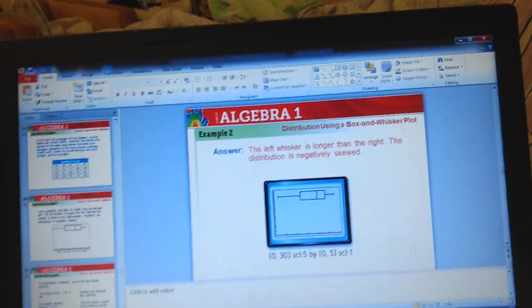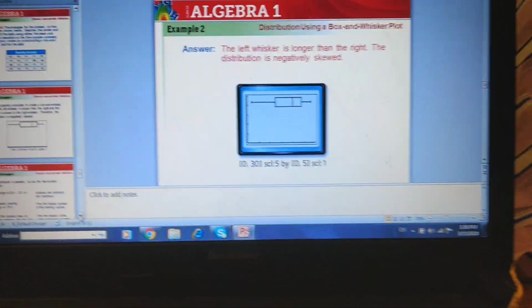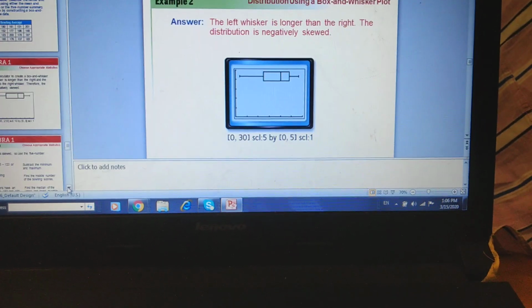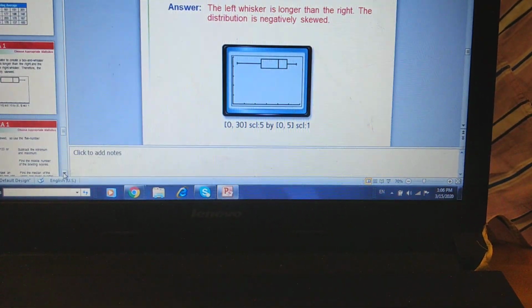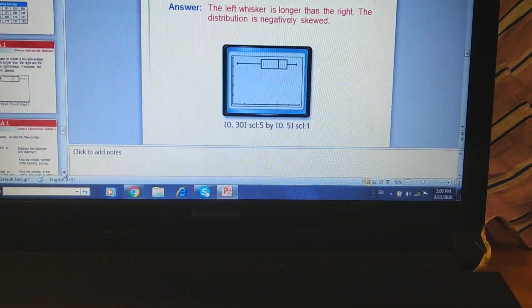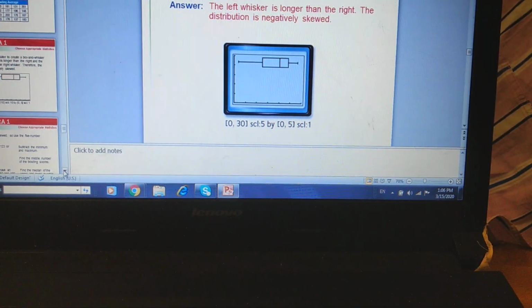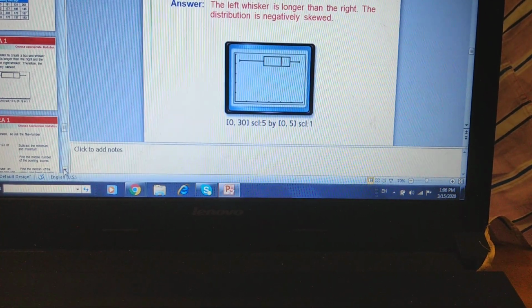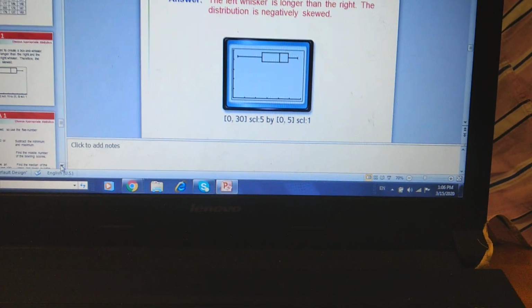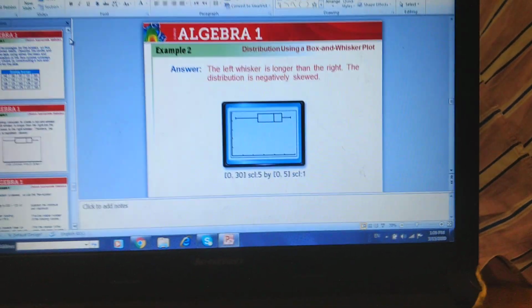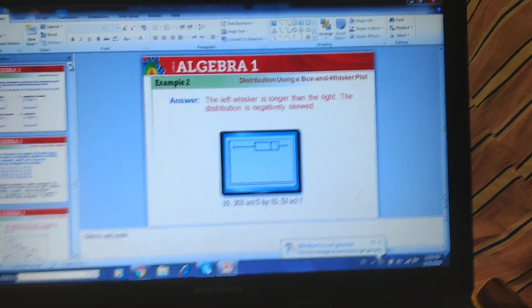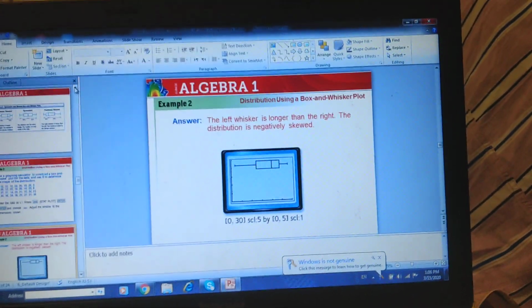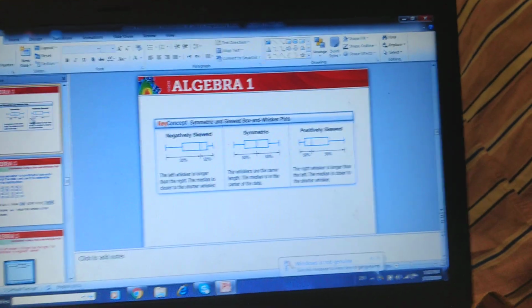What I want you to care about, boys, is that I want you to practice how to make a box and whiskers plot. I repeat again, to make a box and whiskers plot, you must find the minimum, maximum, lower quartile, upper quartile, and median. Then you make the box and whiskers plot and decide if it is positively skewed, negatively skewed, or symmetric, depending on this slide.